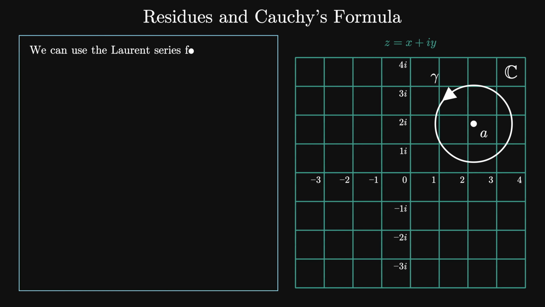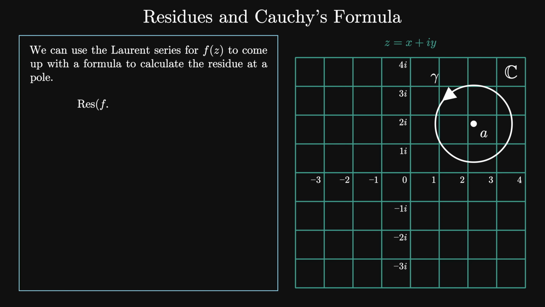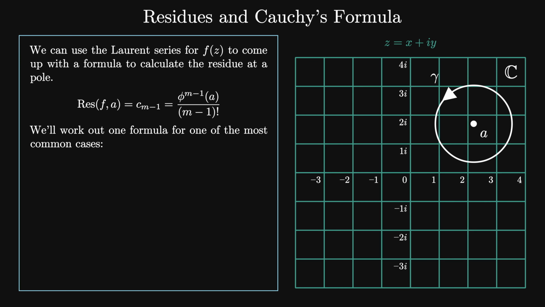We can use the Laurent series for f(z) to come up with a formula to calculate the residue at a pole. The residue of f at a equals c_(m-1), which equals the (m-1)th derivative of phi evaluated at a divided by (m-1) factorial. This isn't always the easiest to calculate, although many software packages can calculate this for you. We'll work out one formula for one of the most common cases.